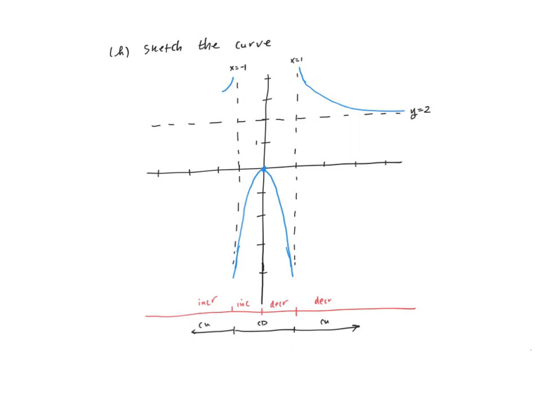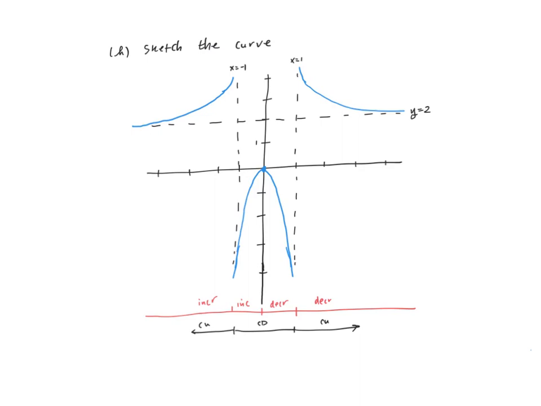Reflect that portion about the y-axis, and you get the rest of the graph. And note, once again, perfection is not what we are shooting for, but a fairly accurate sketch that has the desired qualities is what we are looking for.